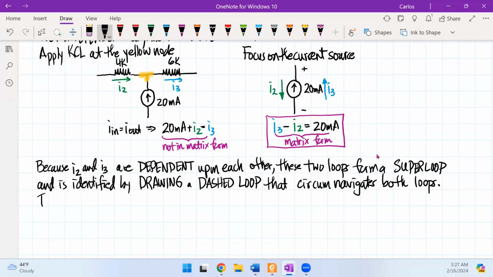That is, there are not two loops, but one super loop.